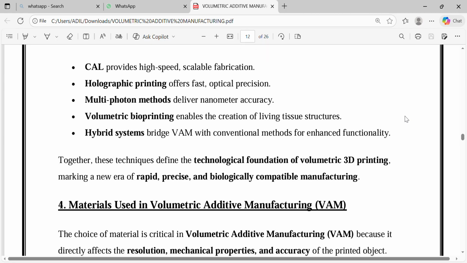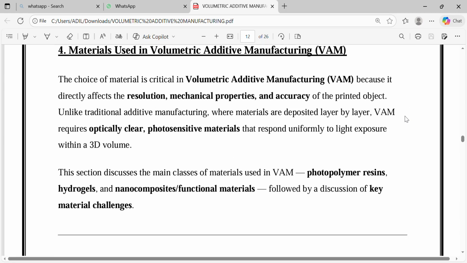Now we will move towards the materials used in volumetric additive manufacturing. The choice of material is critical in volumetric additive manufacturing because it directly affects the resolution, mechanical properties, and accuracy of the printed object.